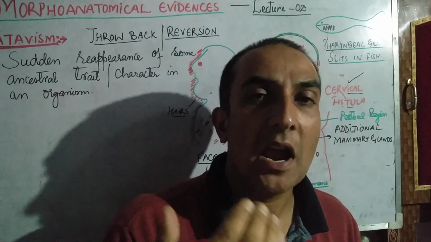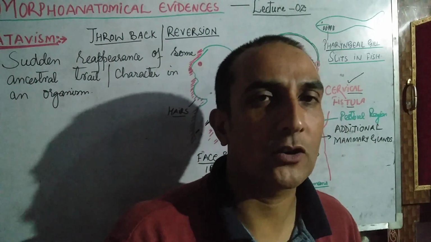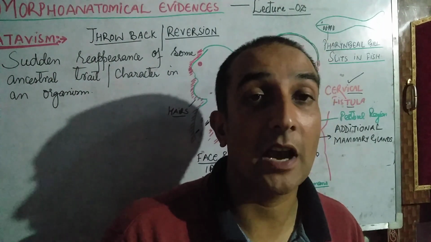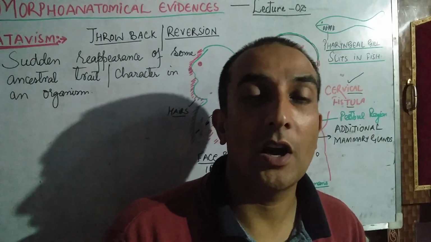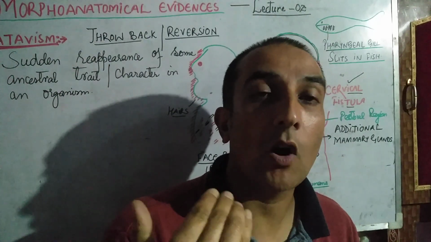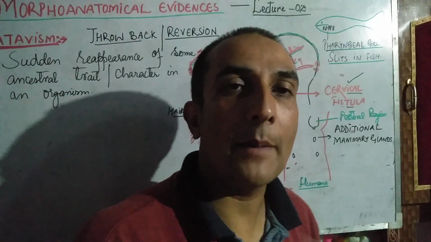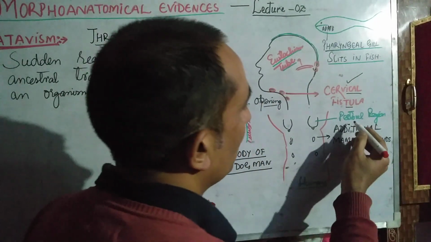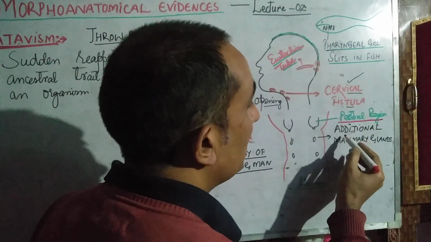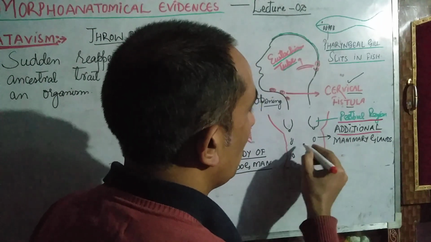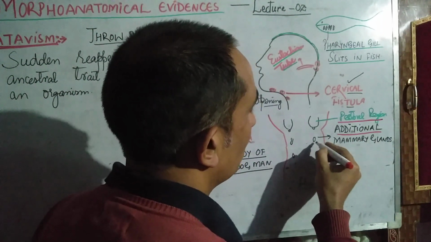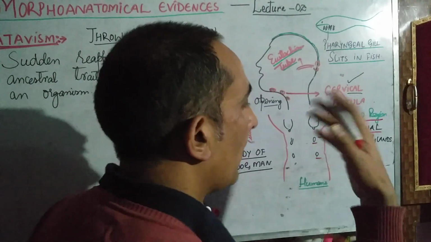But some human babies have been born with additional mammary glands. Besides the pectoral region, they had mammary glands in additional areas of the body, like the abdominal region and below the abdominal region.